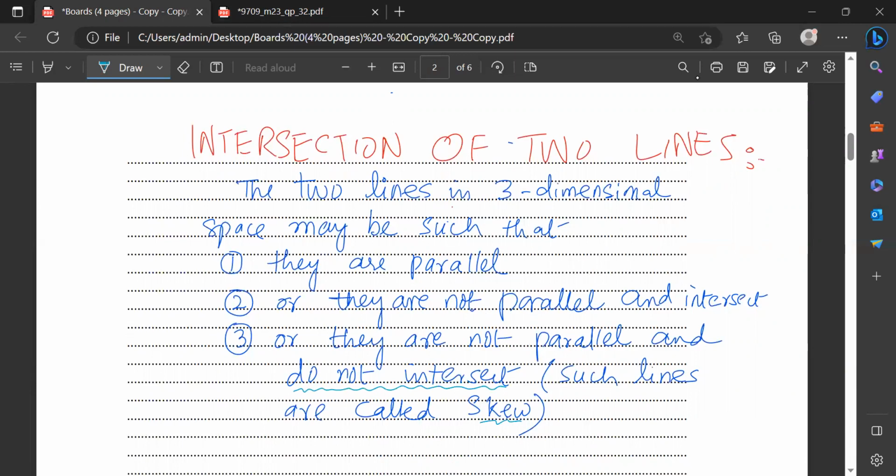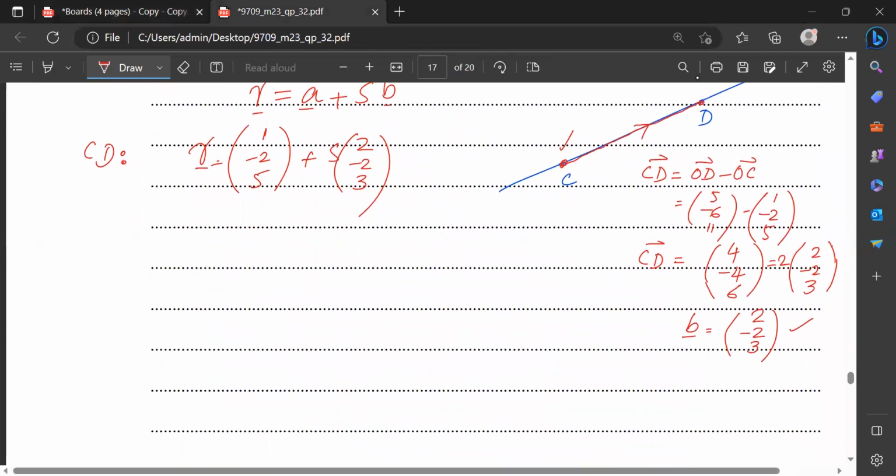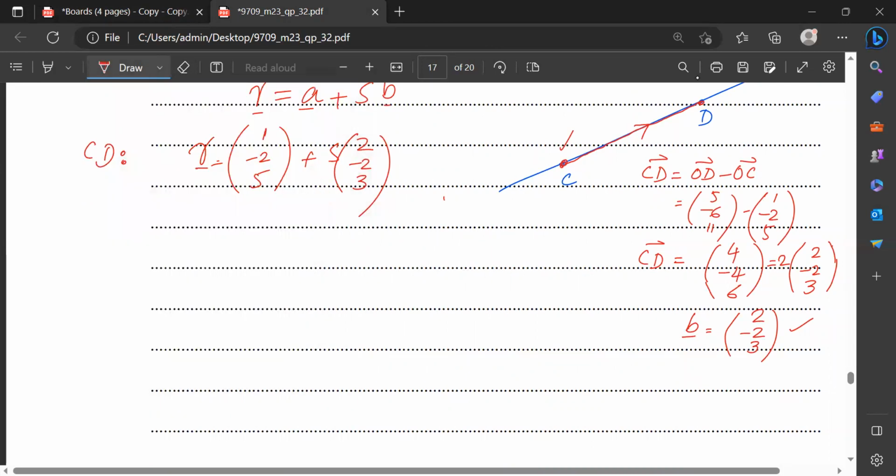Such lines are called skew. So how can we know whether the lines are intersecting or not if they are not parallel? There is a procedure which you can apply here. From this question, we can understand this concept as well. The lines are L and CD.